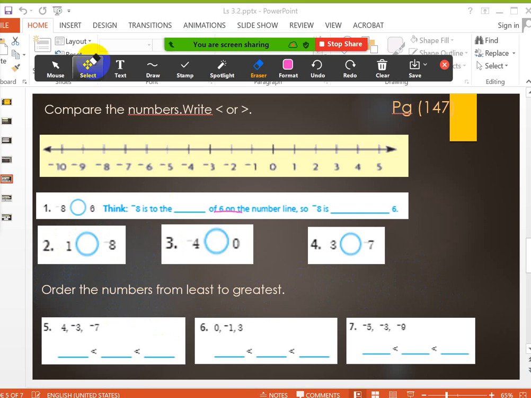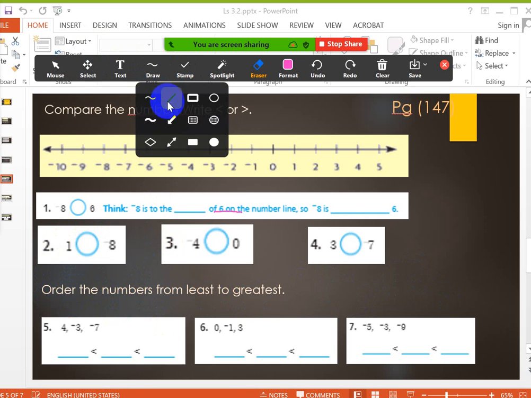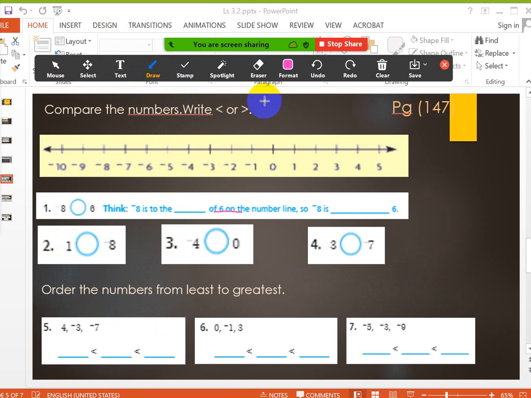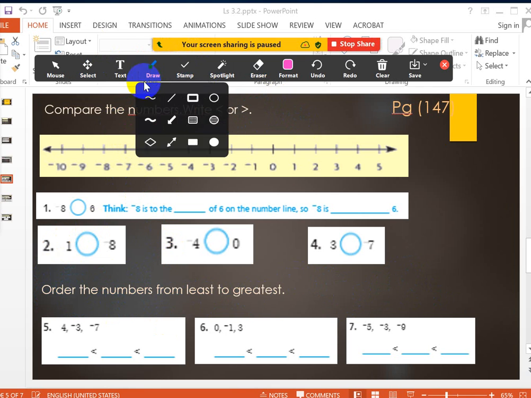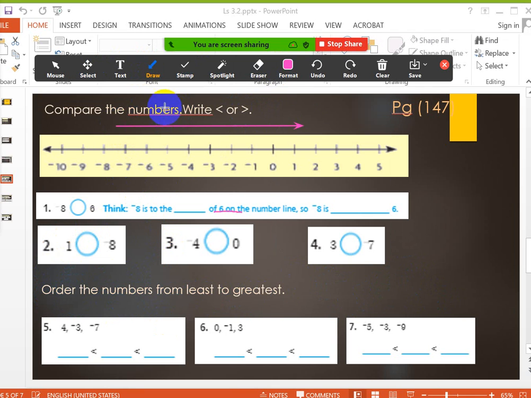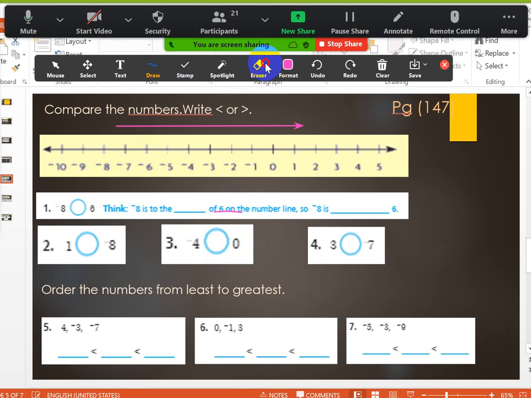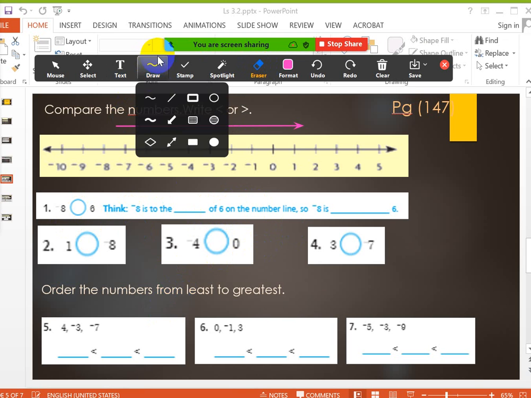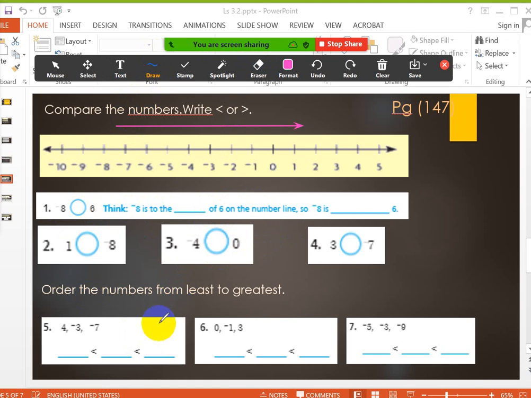Now, the strategy told me that when we go in this direction on the number line, the numbers become greater. So I will compare now. Compare means I will use greater than or less than.